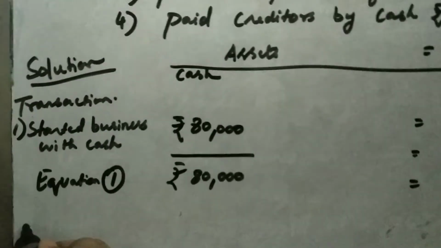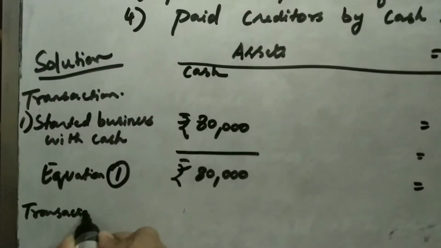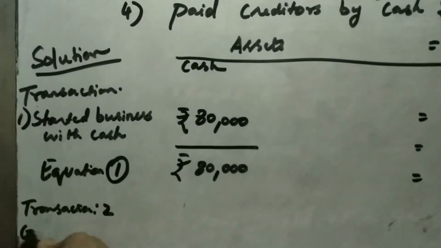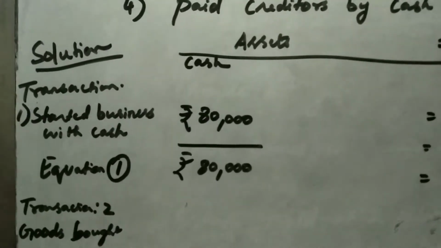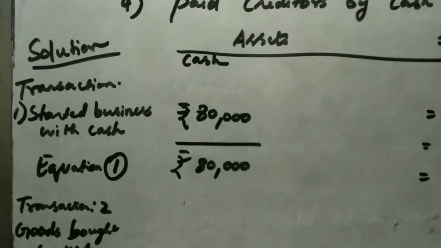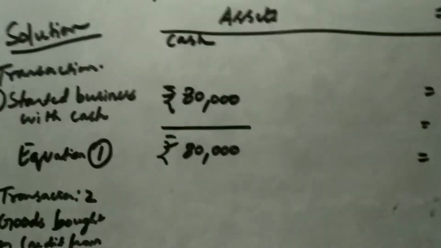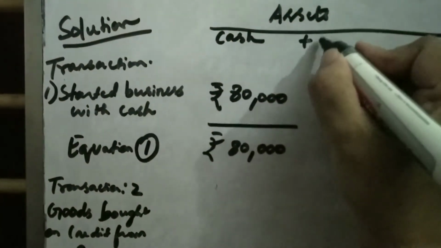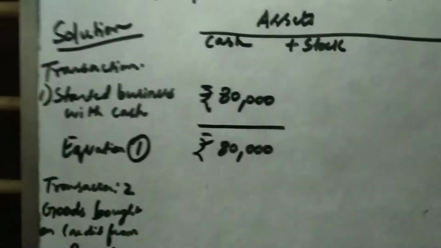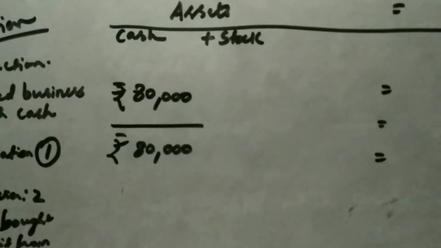Now, transaction 2. Goods bought on credit from Mr. Ramesh. You may have another item called stock, and you are adding Ramesh, our creditor.